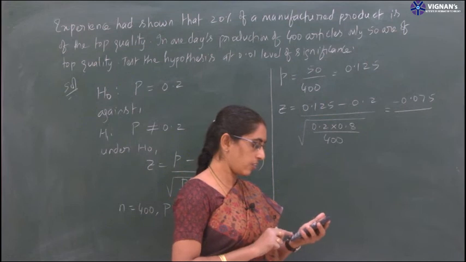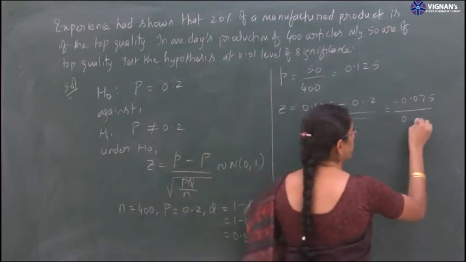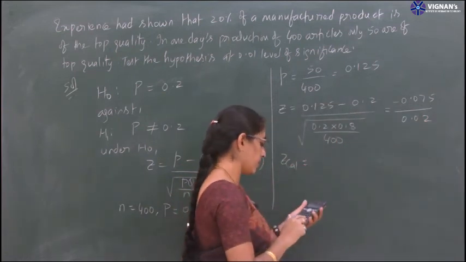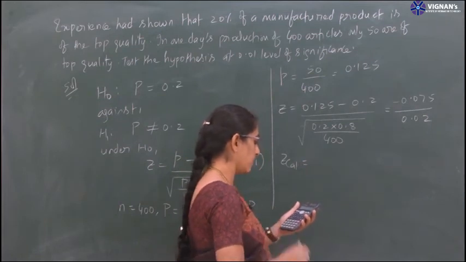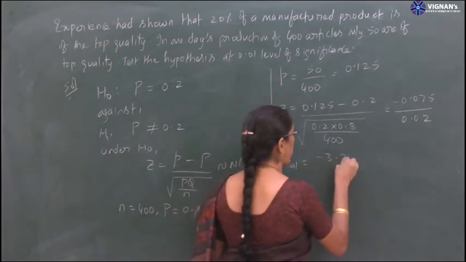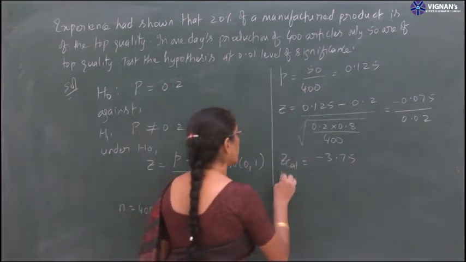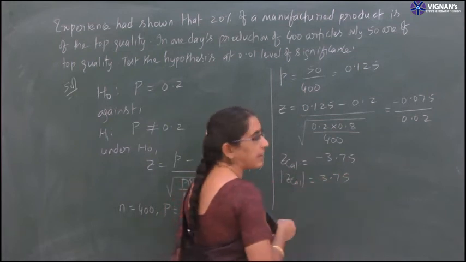So the square root of that is 0.02. Now the Z cal will be negative, so 0.075 by 0.02 is minus 3.75. Now consider the modulus of the calculated value. So mod Z cal is 3.75 here.